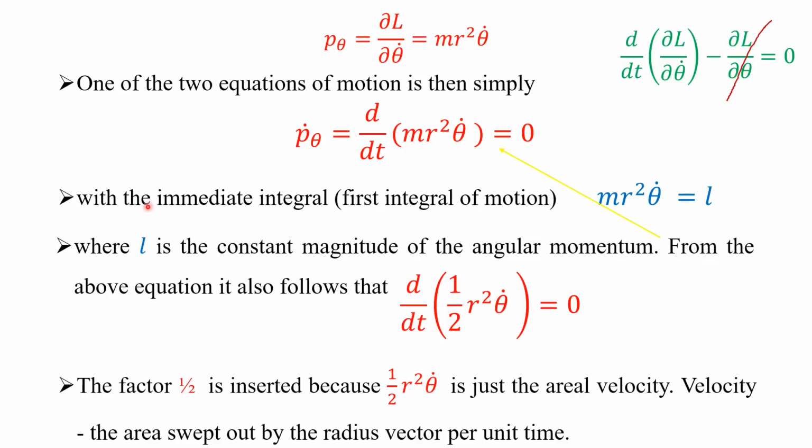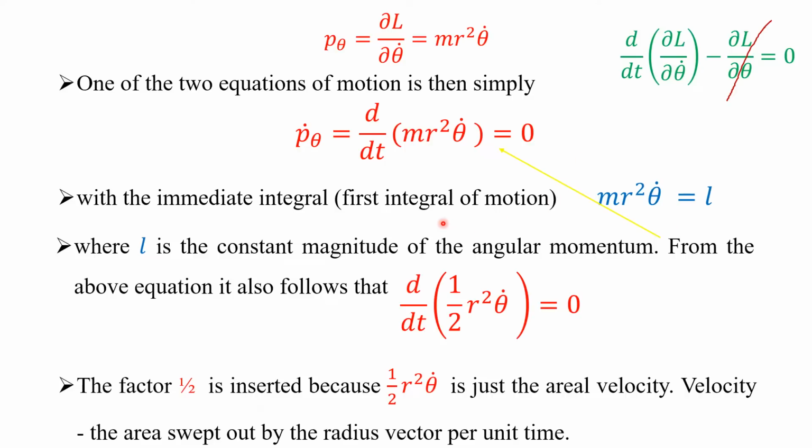This is the immediate integral, the first integral of motion. If you integrate it, only a constant will give you 0. So that means m r squared theta dot must be equal to some constant. That constant is L, that is, m r squared theta dot is equal to L. We are getting this after the first integral, so this is the first integral of motion.